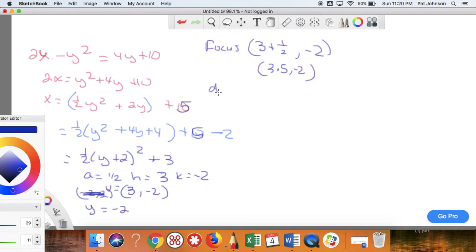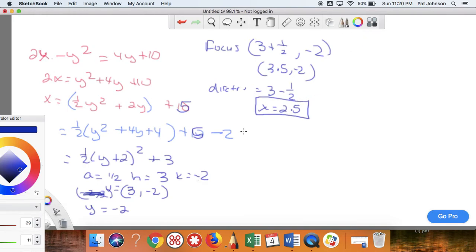And then my directrix is going to be h, which is 3 minus 1 over 4a, or minus 1/2, which equals x equal 2.5. So remember, it's a line. It's going to be a vertical line since it opens sideways.